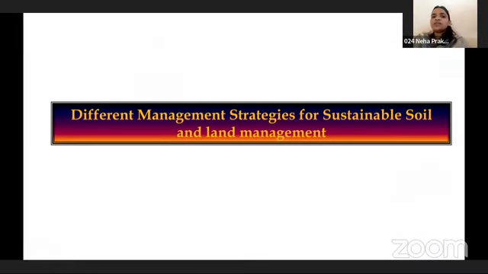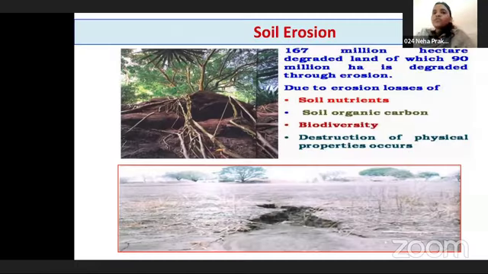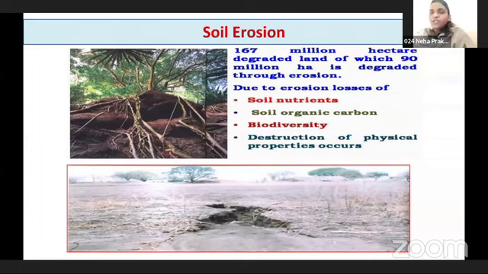Now move to our main point, that is how we can manage land degradation. What are the different management strategies for sustainable soil and land management? The first one is soil erosion.